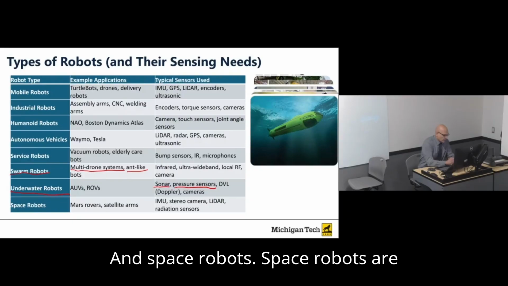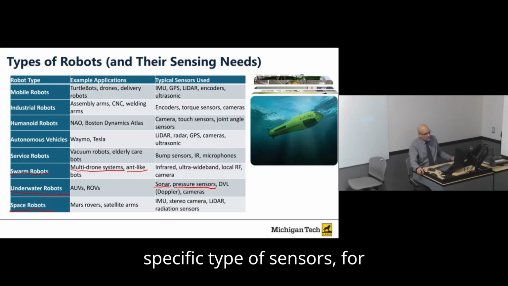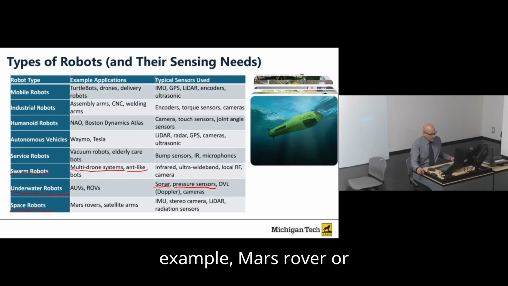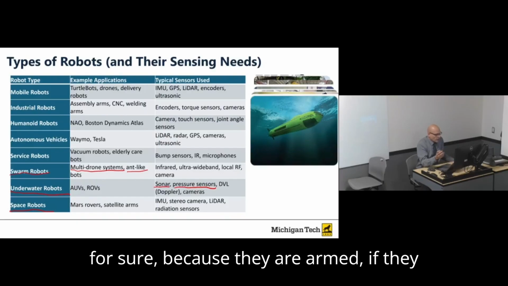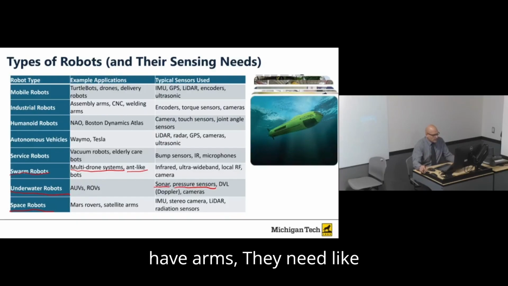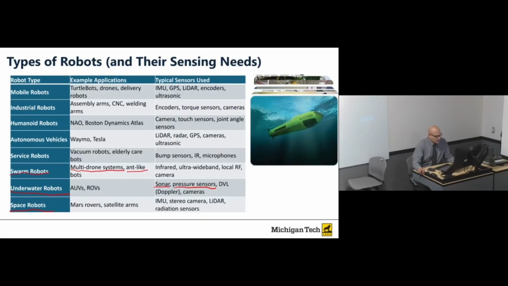And space robots are also a type of robot that needs specific types of sensors, for example, a Mars rover or satellite arms. For sure, if they have arms, they need encoders and torque sensors.